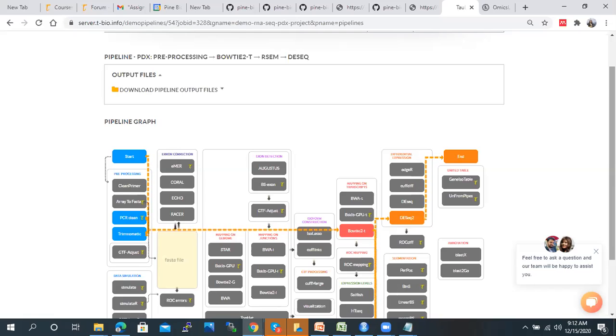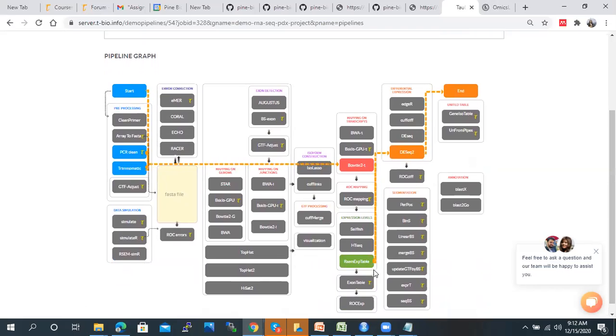Once you're able to do this, let me just repeat these steps. With the start, you have to perform the pre-processing steps, that is PCR clean and Trimmomatic. Then we perform the mapping of the reads on the transcriptome, that is HISAT2. Then we choose to generate a gene expression table, the RSEM expression table.